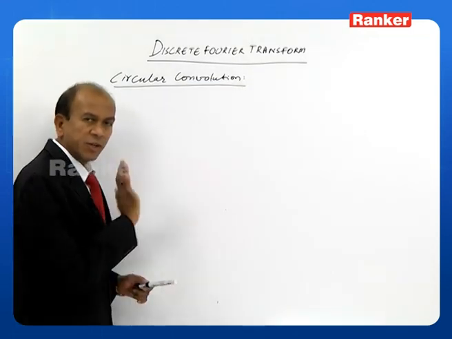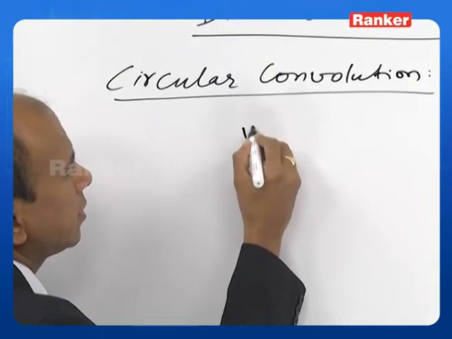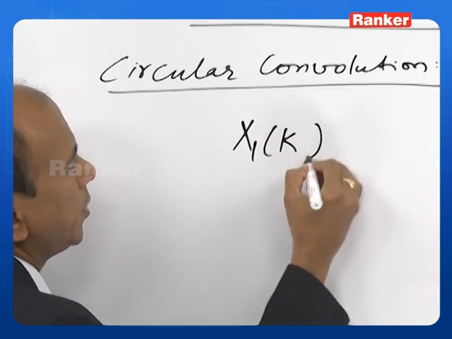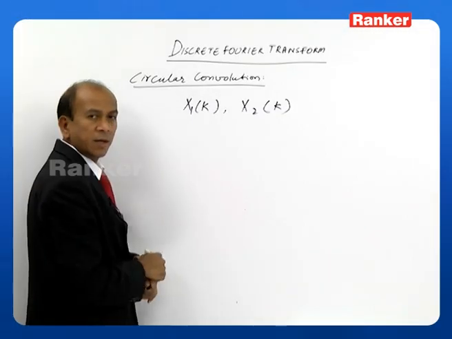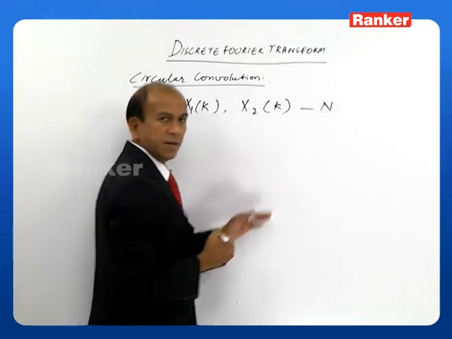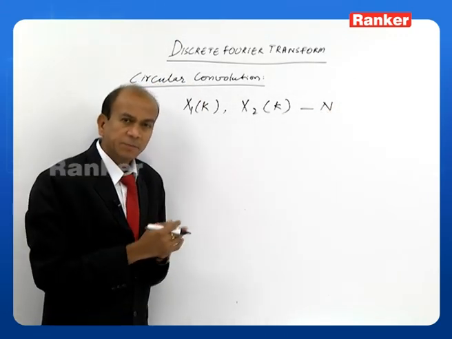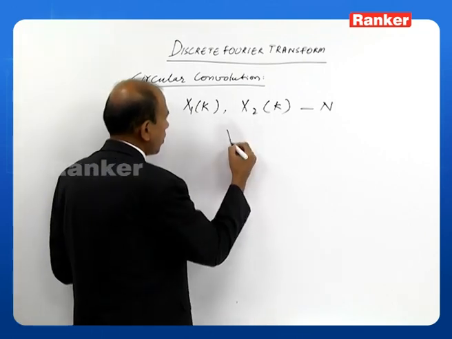Understand the circular convolution. Let us first take two DFTs of length N, and then let us multiply them.